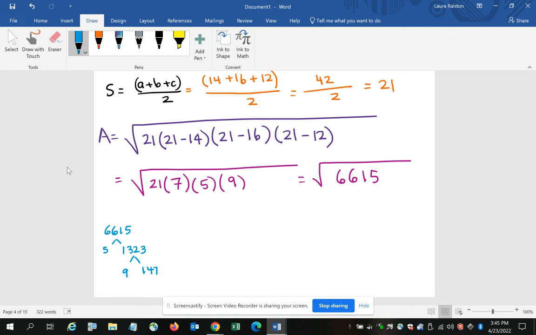And 147 is 3 times 49. So 9 is a perfect square, 49 is a perfect square. So I'm going to have a 3 and a 7 outside and a 15 inside. So we have exactly 21 times the square root of 15.